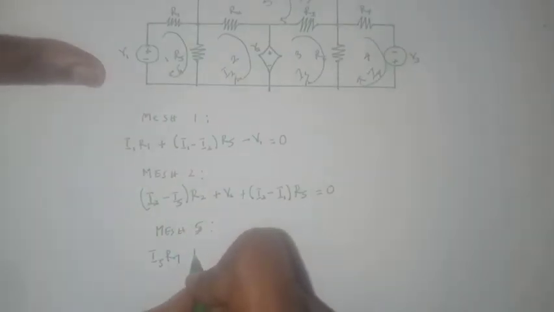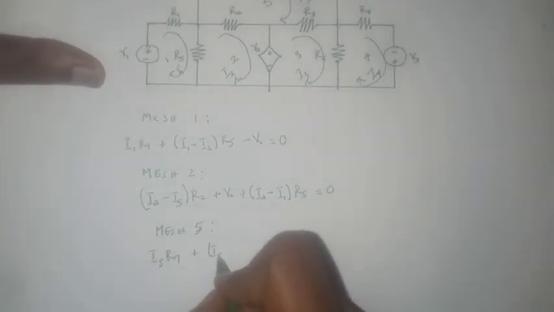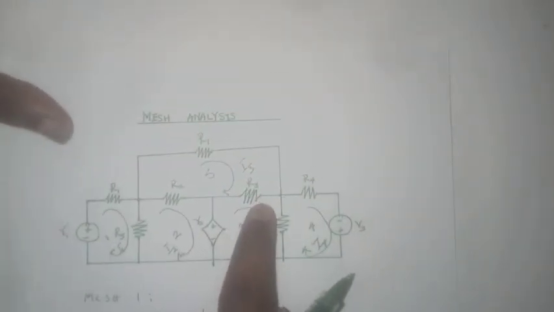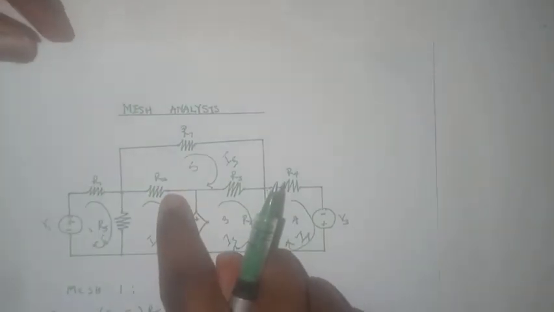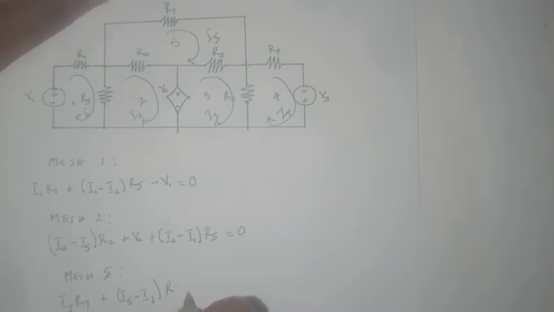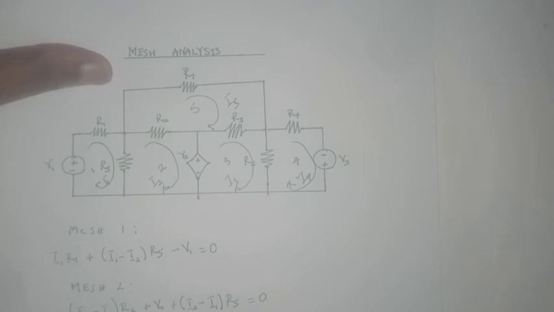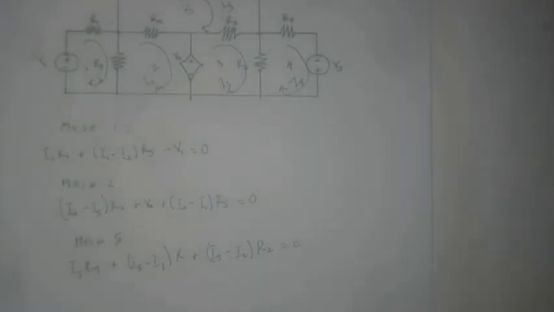So we have plus (I5 minus I3) multiplied by resistor R3. Then we proceed to the last resistor in the mesh, plus (I5 minus I2) multiplied by R2, and that would be equal to 0. And that's how we write KVL equations in mesh analysis.